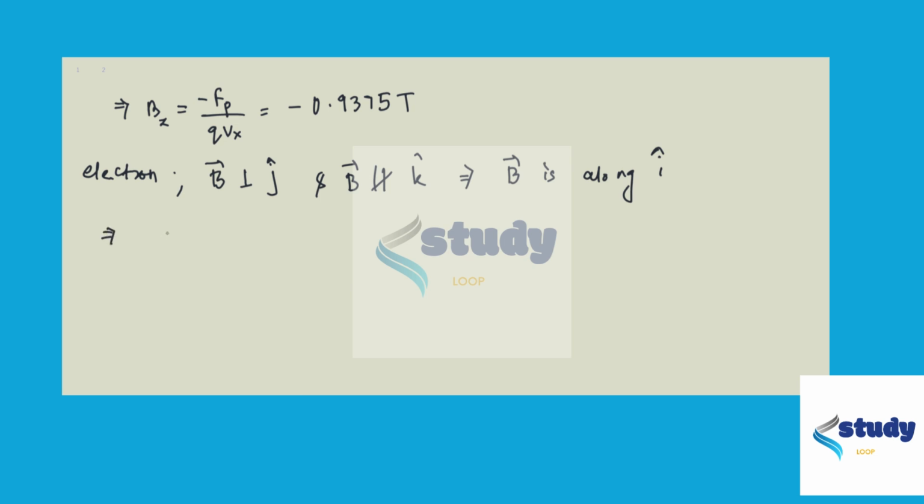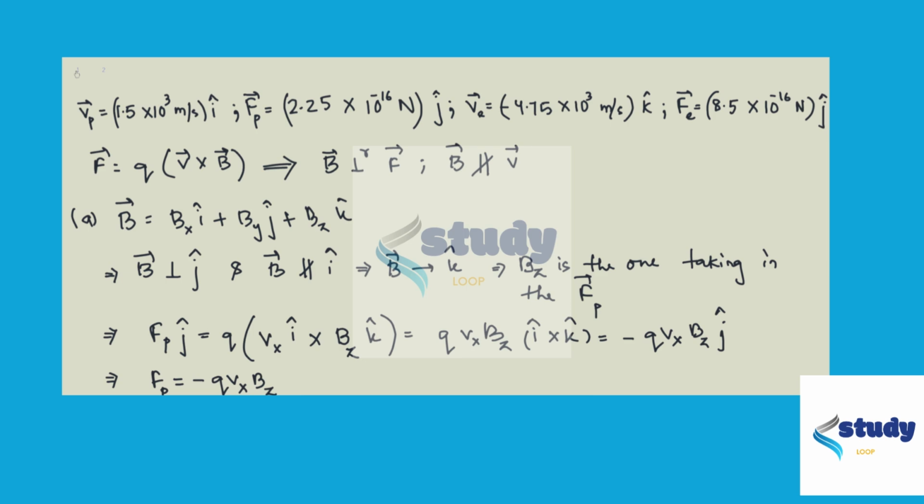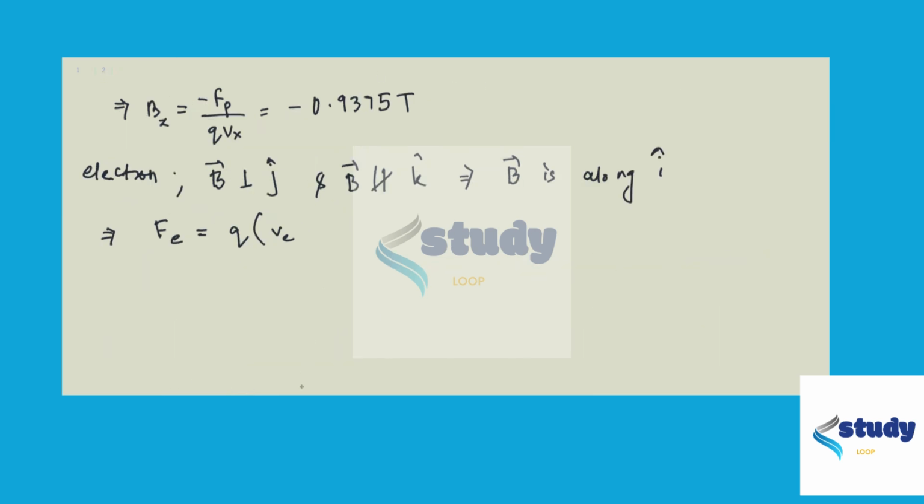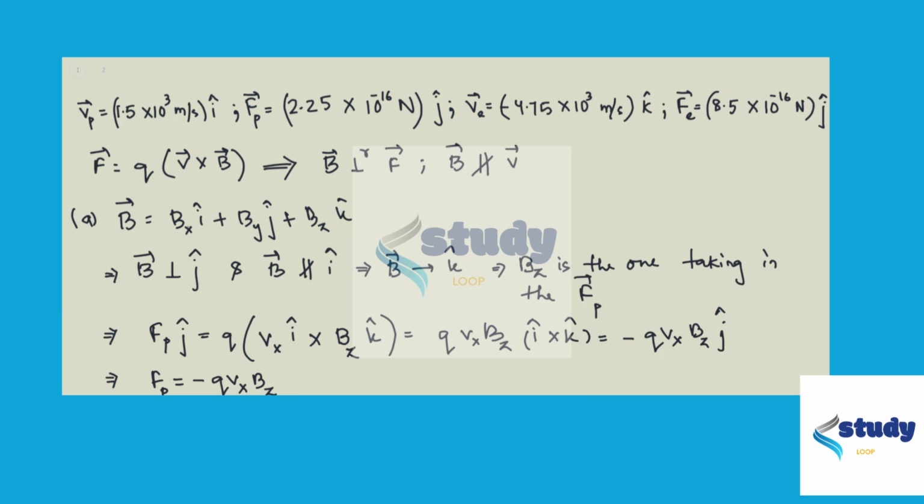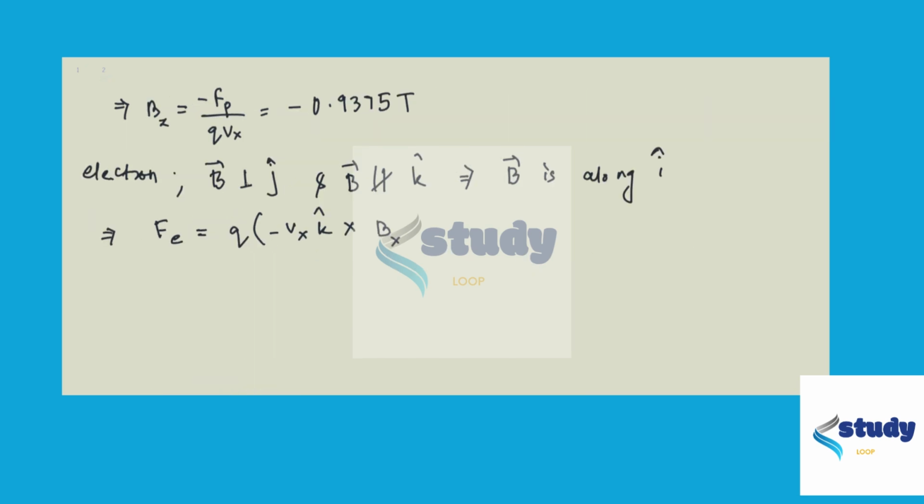So let's apply it now. Fe is equal to q times the velocity vector, which is negative Vx k cap, cross product with Bx i cap, because By and Bz do not contribute in this force.